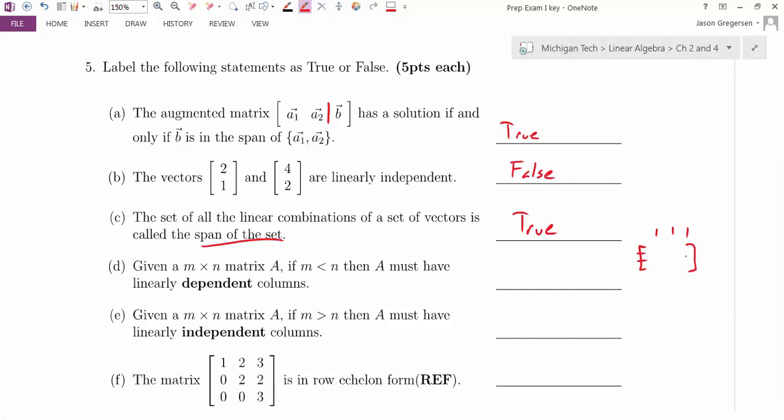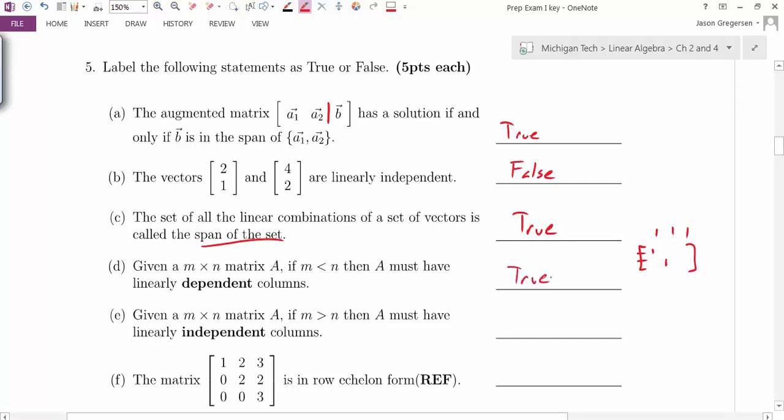Well, one way we can tell whether columns are independent or dependent is to look at their pivot positions. This matrix, where M is less than N, can only possibly have M pivot positions. It can only have a leading entry for each row. That would be the most. And because I have 3 columns, there can't possibly be 3 pivot positions. So this is true. One of those columns must be a multiple of the other columns. Therefore, the set of columns must be linearly dependent.